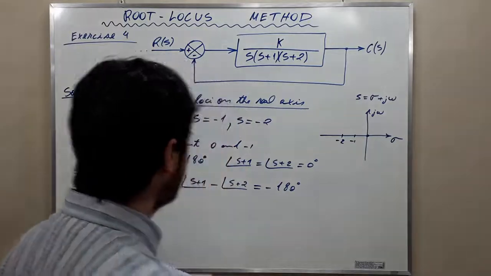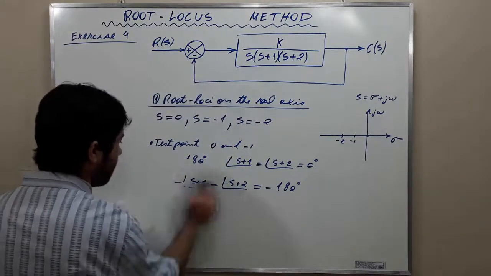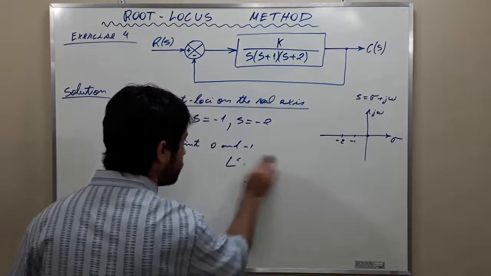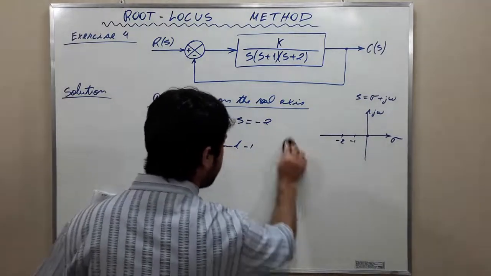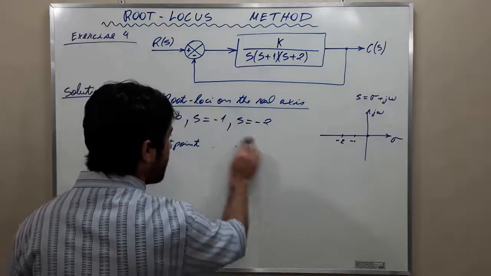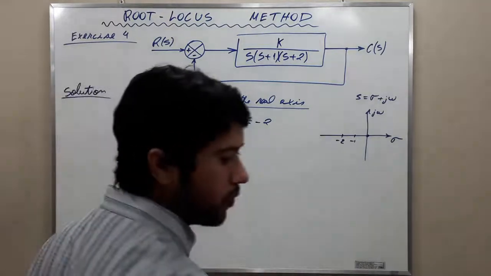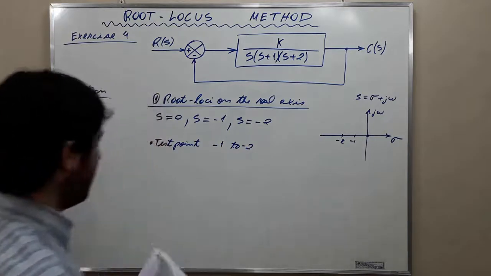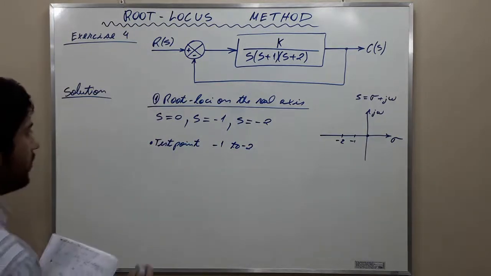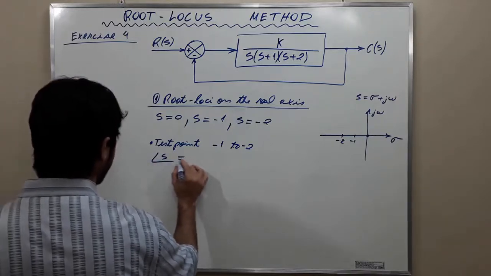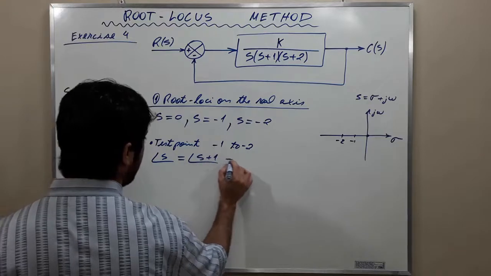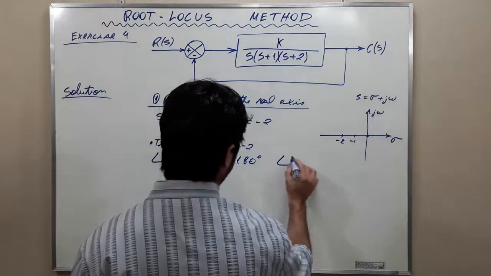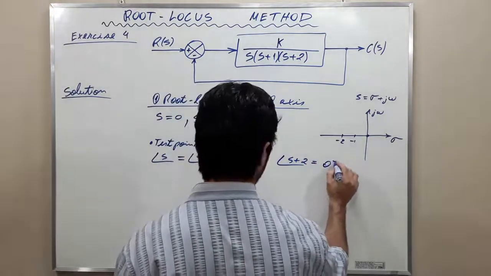Here the angle of s is equal to the angle of s plus 1, which is 180 degrees, and the angle of s plus 2 is equal to 0 degrees.